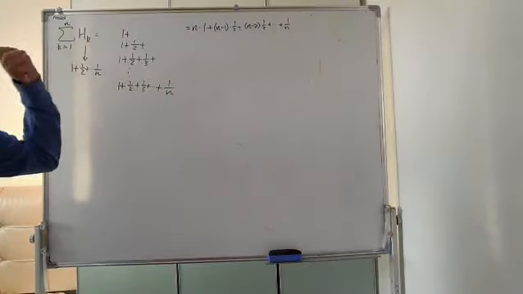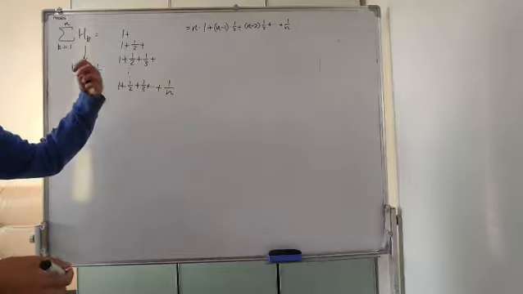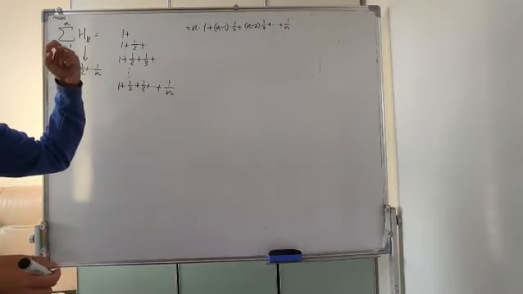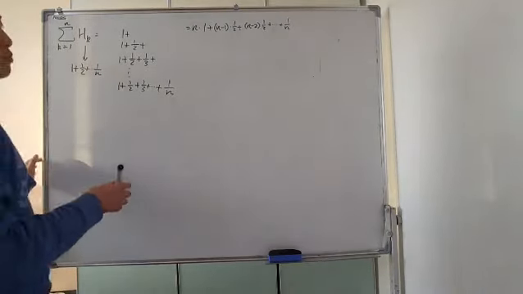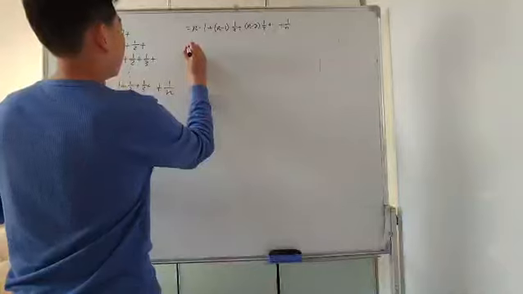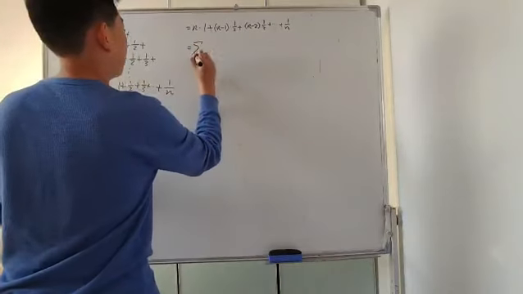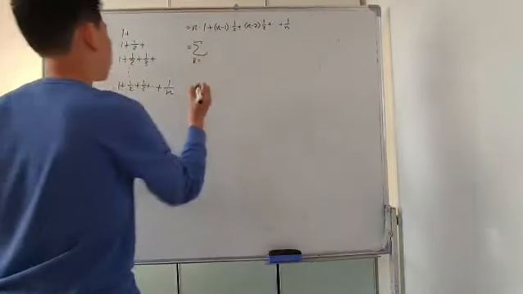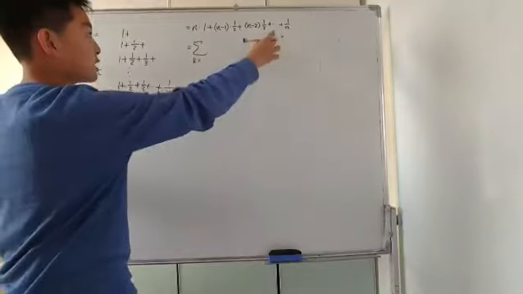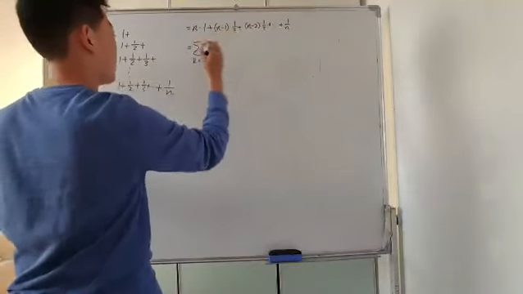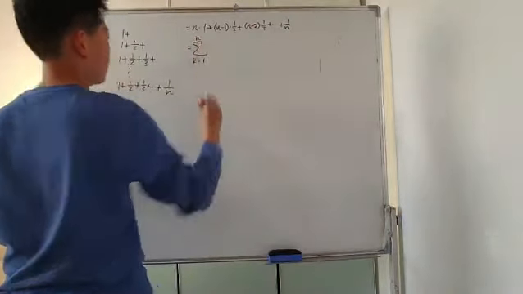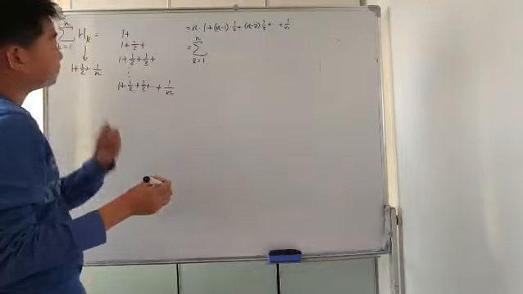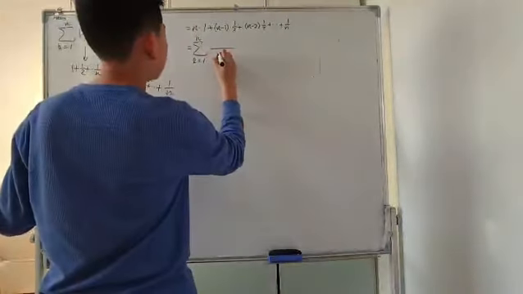Now we are going to write it in a better way, in summation notation. Let k be the denominator of this, because it's 1 to n. So it starts from 1 and ends at n. Now, first of all, the denominator is k, of course.